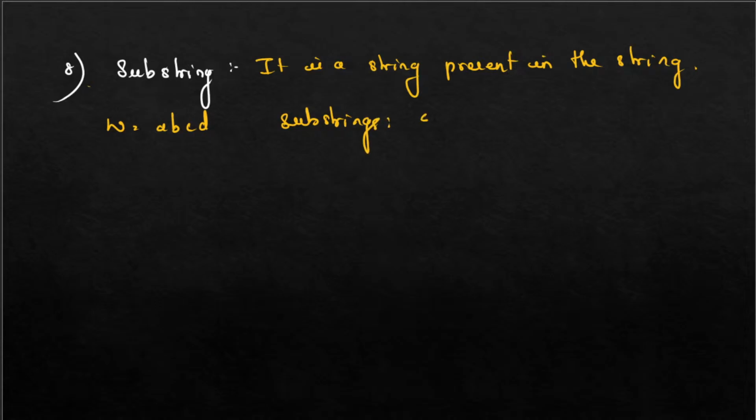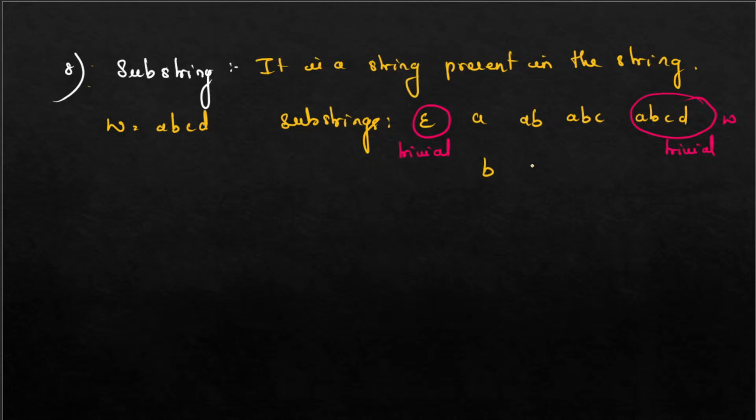Epsilon is there, a is there, a b, a b c, a b c d are there. The empty string and w itself are called trivial substrings. After that, b can be there, b c, b c d, then c, c d, and then d. So these are all the substrings.